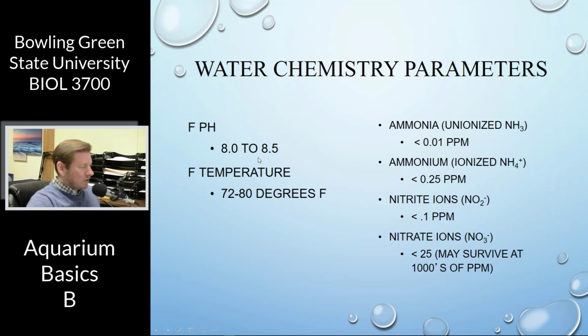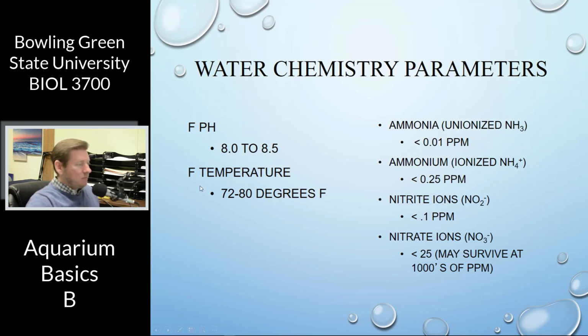Freshwater tanks typically are going to be around 7, unless your fish have particular needs. There are some freshwater fish that like pHs around 6, or there's some like African cichlids that prefer a pH at about 8.2, just like a saltwater fish. So know your animal's requirements, especially if you're trying to breed. Let's say you get discus or something, and you're trying to breed these really delicate freshwater fish.